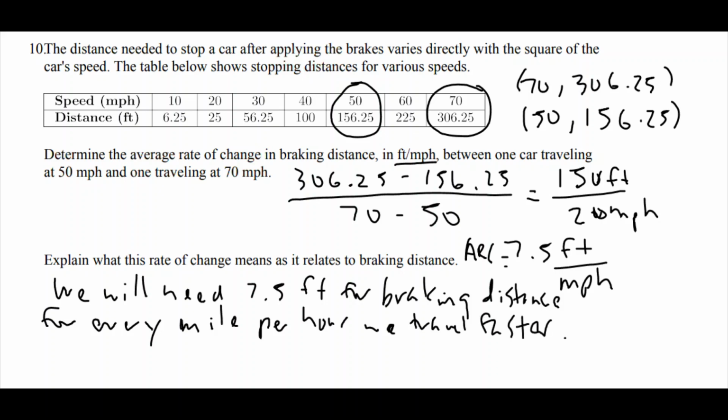Yeah, my handwriting is terrible, ladies and gentlemen. What does it mean? Every mile per hour faster we go from 50 to 70, you will need 7.5 feet more braking distance to brake safely.